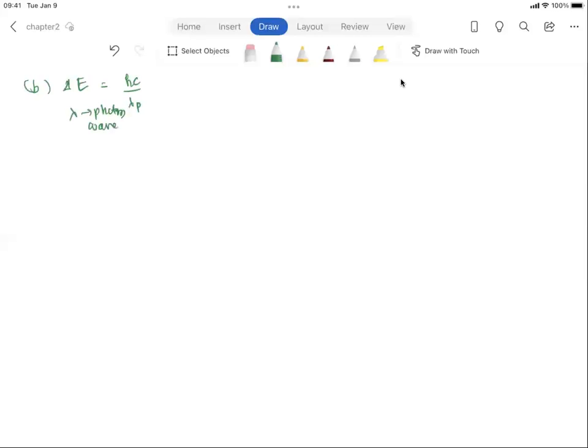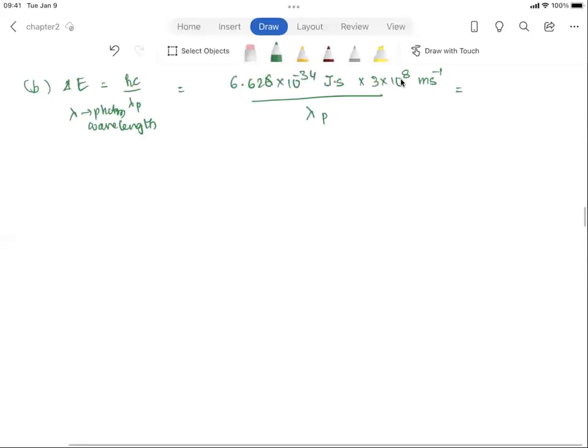So 6.626 times 10 to the negative 34 joule second, c is the speed of light, divided by lambda p. This is what we need to find. And the energy is 1.8 times 10 to the negative 17 joule.